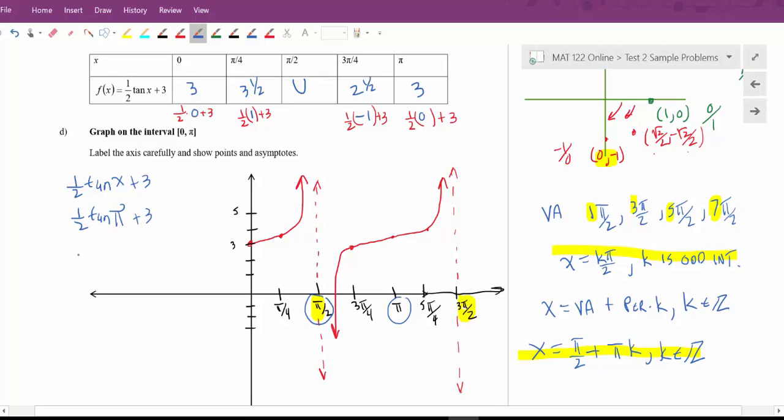Okay, if you went to a unit circle and looked at pi, you're at the point -1, 0. So y over x is 0 over -1, so it's 0. So you have 1 times 0 plus 3 is 3. Well, notice, that's what the y value is. Okay, that has a y value of 3. Or you can look at my chart up here at pi, you got 3. That checks and verifies that you have a right answer. Okay.